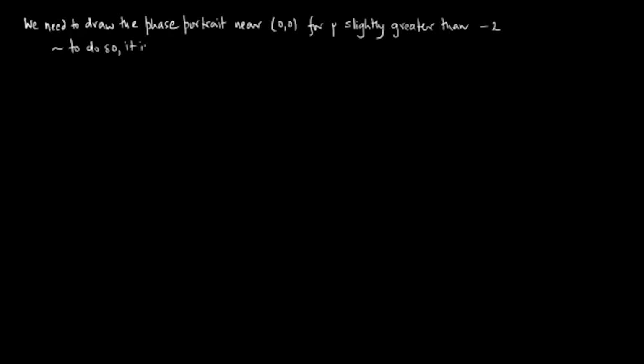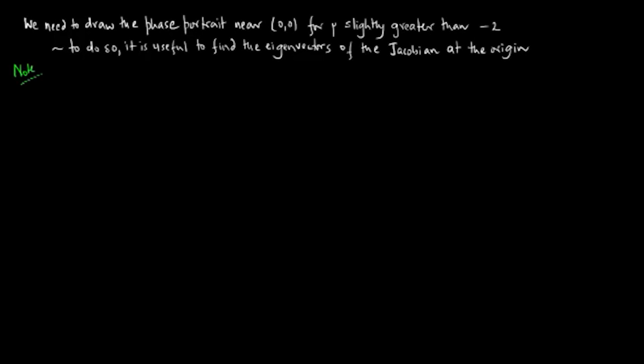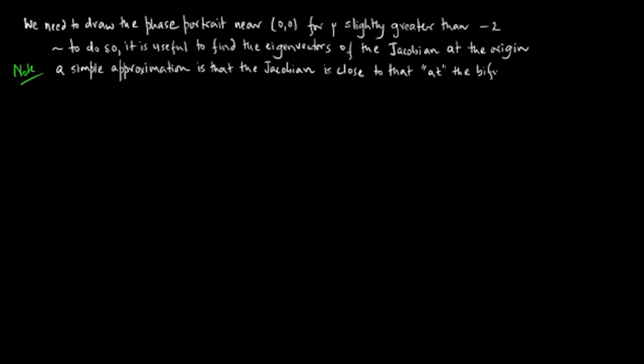We need to draw the phase portrait near 0, 0 for mu slightly greater than minus 2. To do so, it's actually useful to find the eigenvectors of the Jacobian at the origin. So we make a note that a simple approximation is that the Jacobian is close to that at the bifurcation.